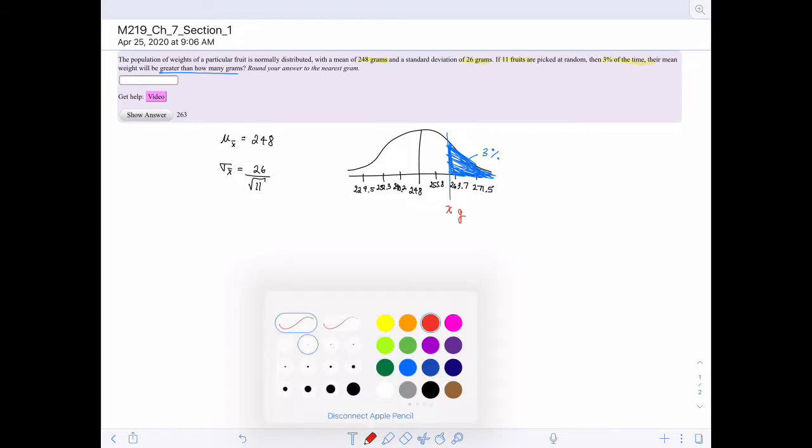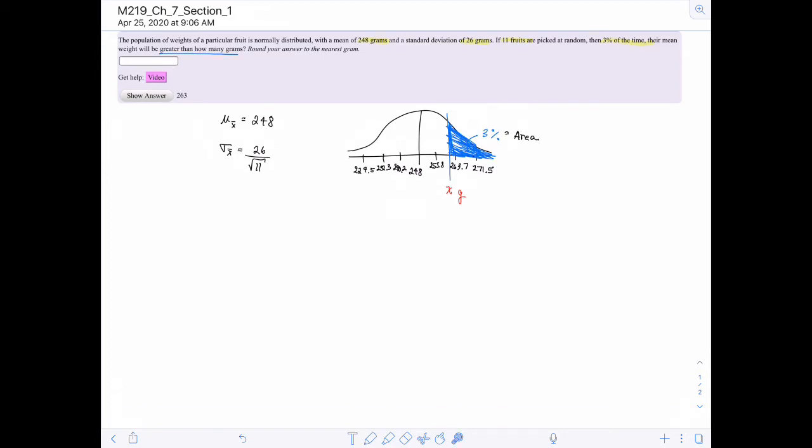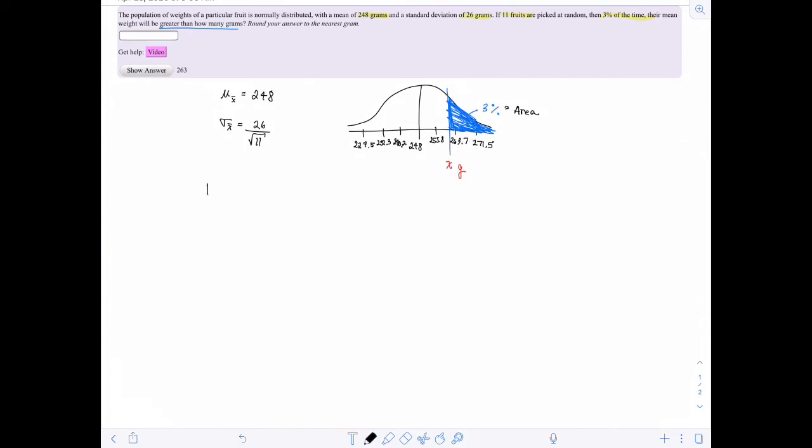Well, this means that we're not finding area because they already gave us the area, right? This means that they gave us the area, and therefore we have to find the weight of the particular fruit from the area. So this means that the probability of a value X being greater than C is equal to 3%.